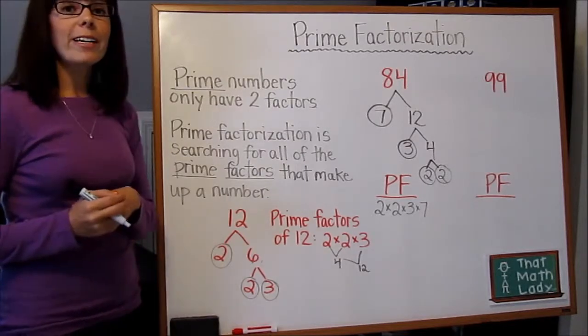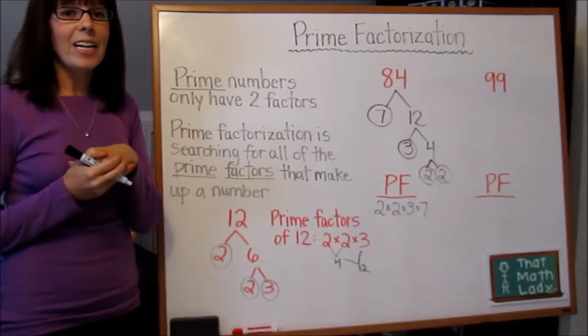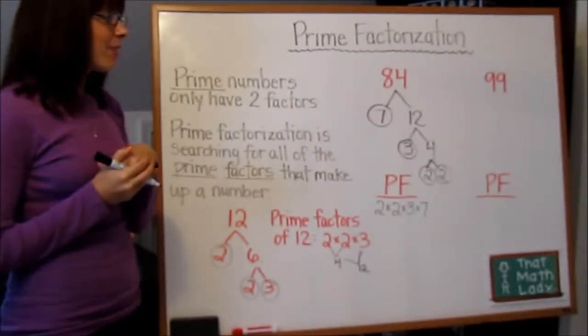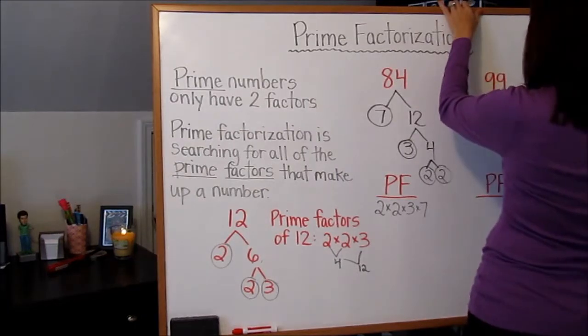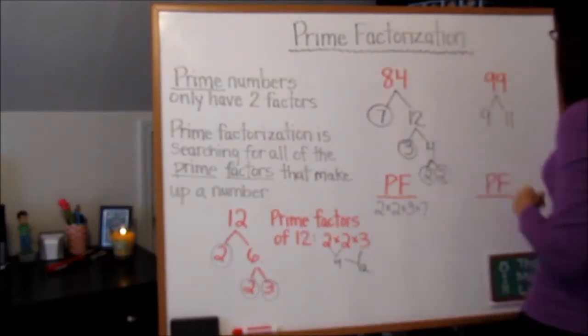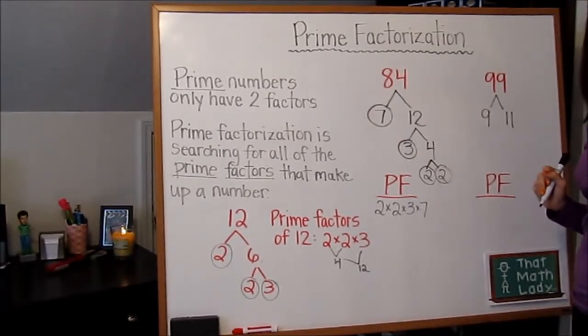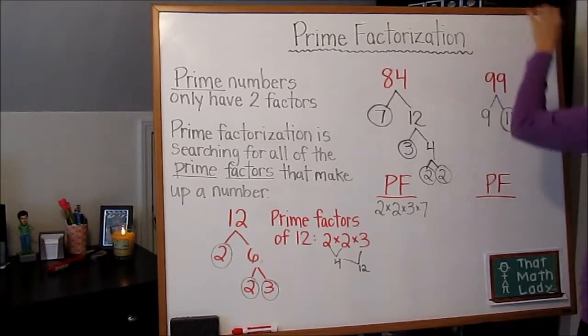All right, last one, 99. Well, if it's a double digit, then it has to be divisible by 11. So 11 times 9 is 99. Okay? I automatically know that 11 is a prime number, so I'm going to circle that off.